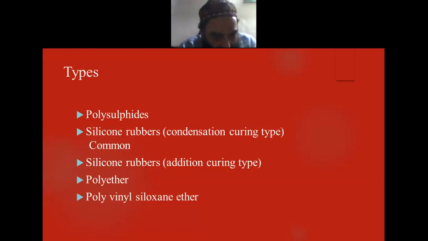And polyether. And the fifth one is the polysulfide and polyether. Sorry, polyvinyl siloxane ether. So this was again the combination of polysulfides and polyether.